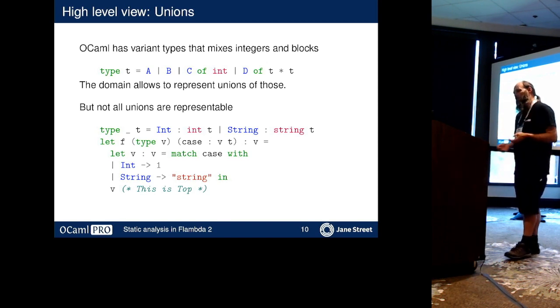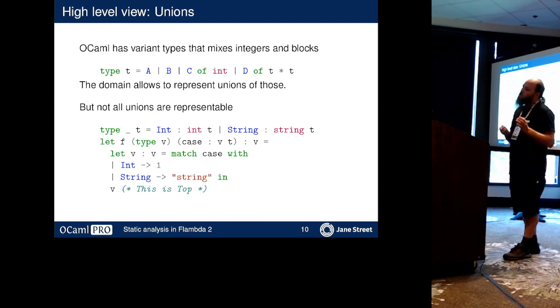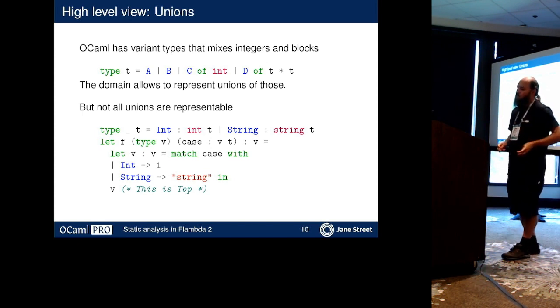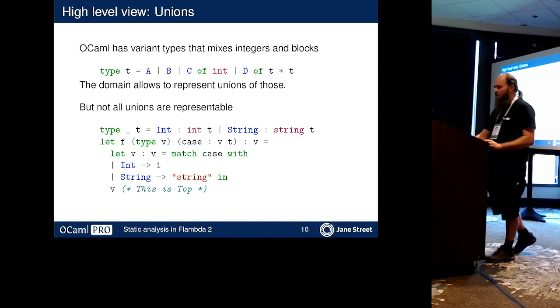It doesn't happen often enough in a situation where it matters for optimization to be able to represent that precisely, and the cost to analyze that compared to the benefit doesn't justify it. So it's just going to be top.